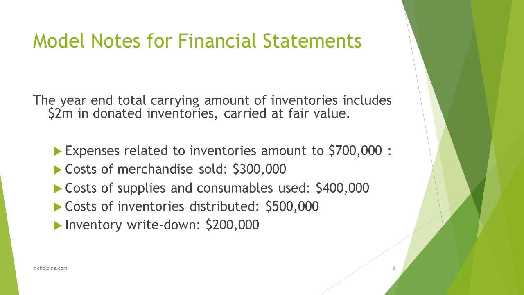So it could be food donated by, say, Allied Lions to the World Food Organization. Remember that when that comes in, they will debit inventories and credit revenue, because that is a donation of $2 million. And it's carried here at fair value, so the fair value of that donation is 2 million.